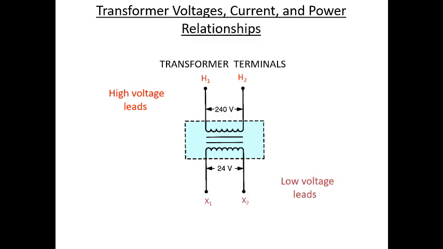Now, if there were more taps, or more coils on the transformer, we might see things like H3, H4, H5, H6. On the secondary, we might see X3, X4, X5, etc., depending on how the transformer is wound and how the transformer is tapped.